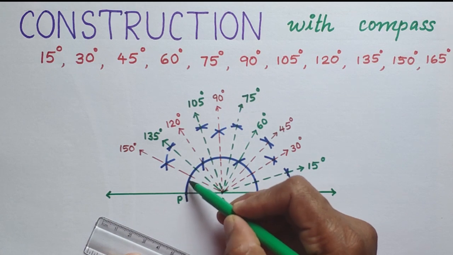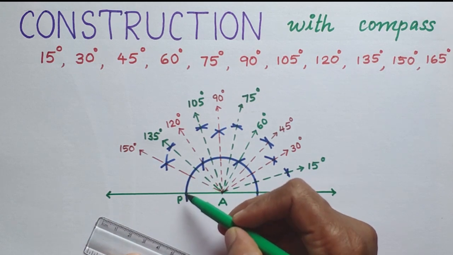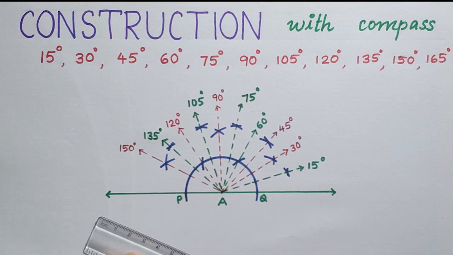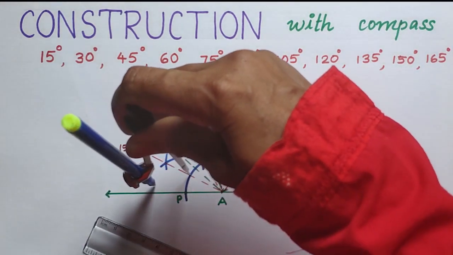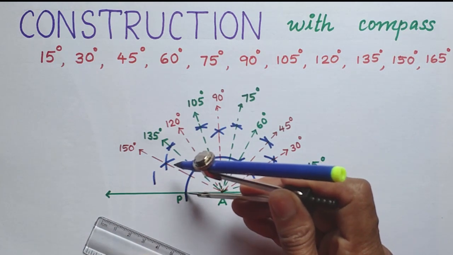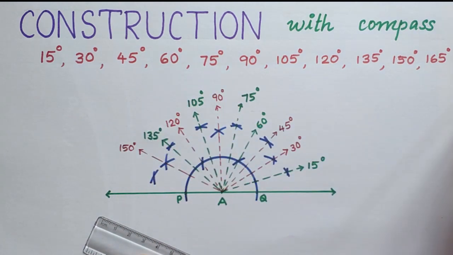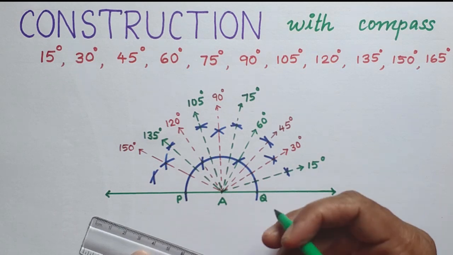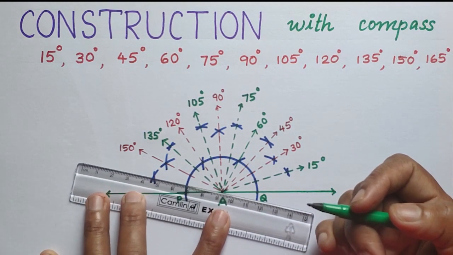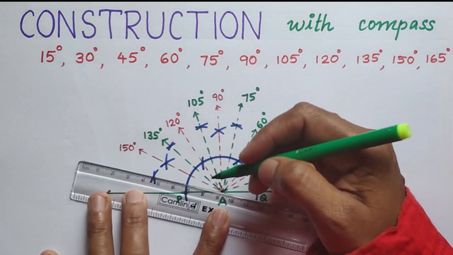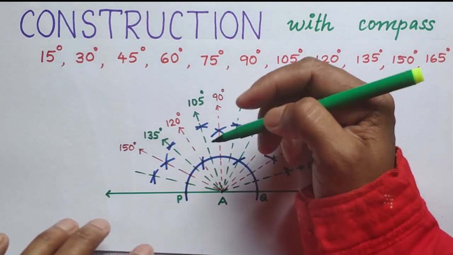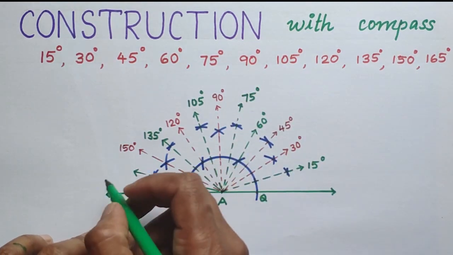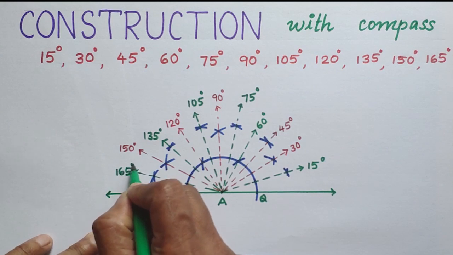And this last one, in between 150 and 180, after bisecting we will get 165. Last one. For that, place the metal tip on 150, draw an arc, then place the metal tip on 180, draw one more arc, join it. This angle measure is 165 degree.